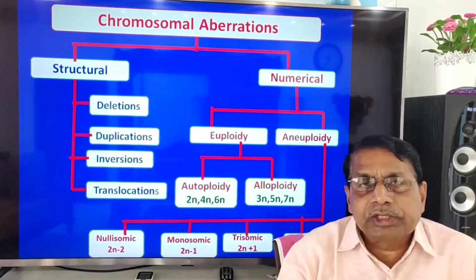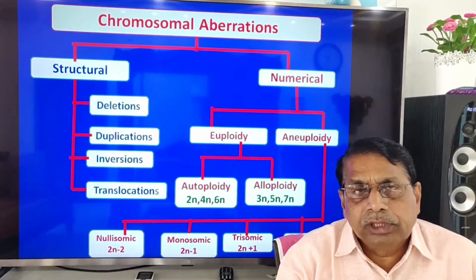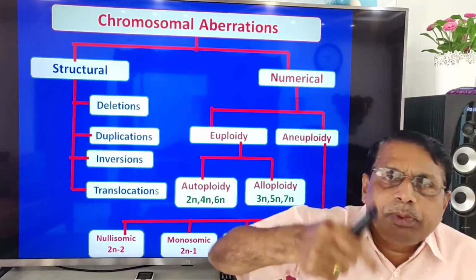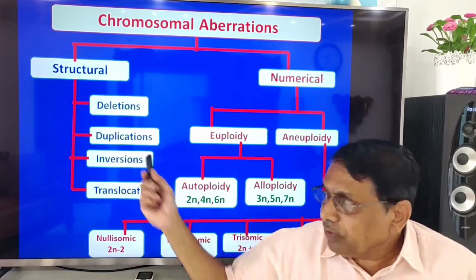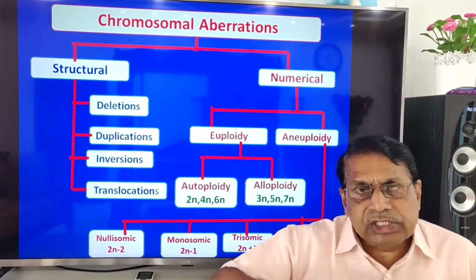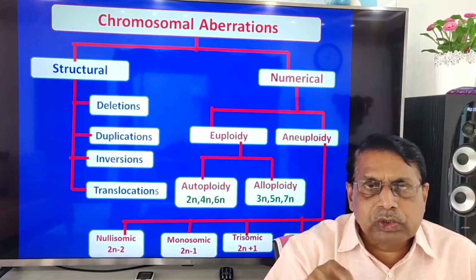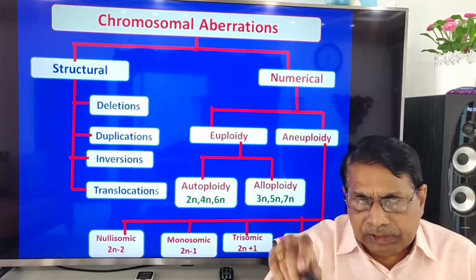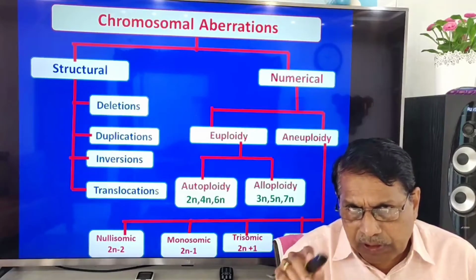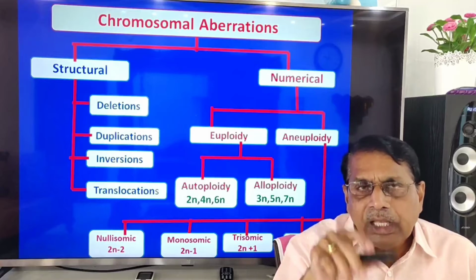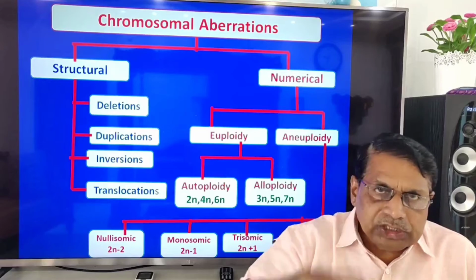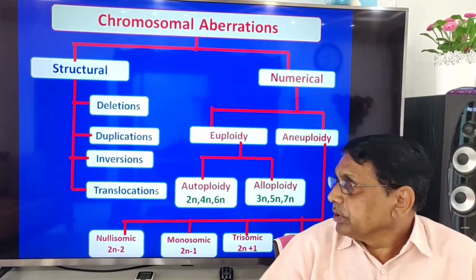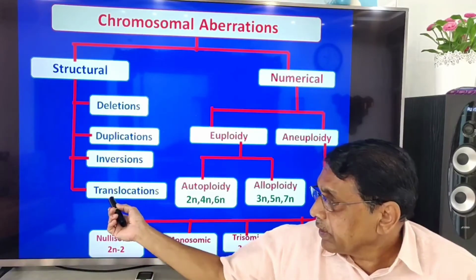Or duplication. A part of the chromosome is duplicated, repeated. Then inversion, change in the sequence. Suppose there should be A, B, C, D. See that A, B, C, D or A, B, D, C. There is a change in the sequence of the genes, that is called inversion.